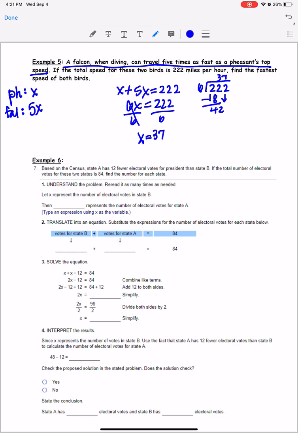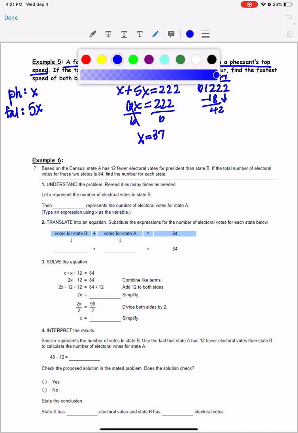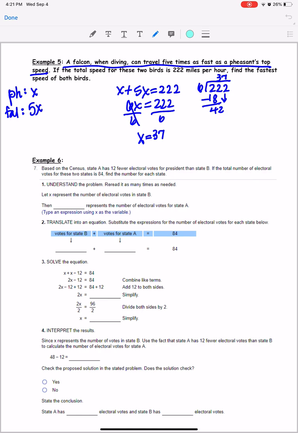So pheasant speed is easy. Pheasant is 37, but now we need to find this one. So we've got 5 times 37 to get this speed. So 37 times 5. 7 times 5 is 35, so 5 comes down, 3 gets carried. 3 times 5 is 15, plus the 3 is 18. So we get 185.